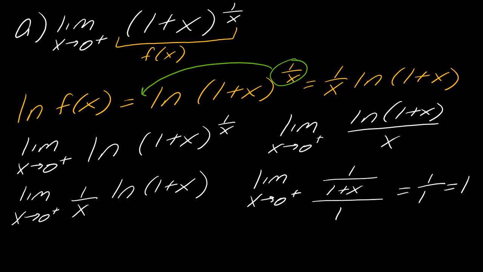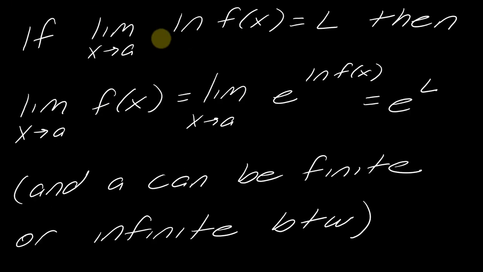So now this is where we are going to resolve that by using this little guide here. This actually tells us exactly how to deal with this issue. The limit of my function is going to be equal to e to the natural log of f of x. And we figured out what this was, right?